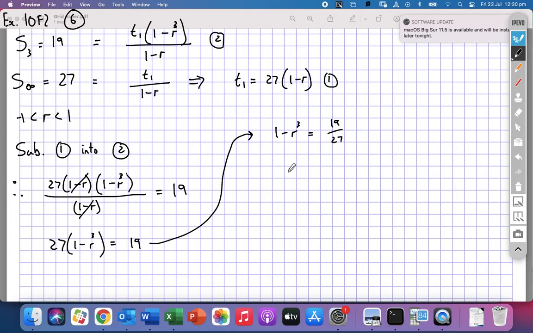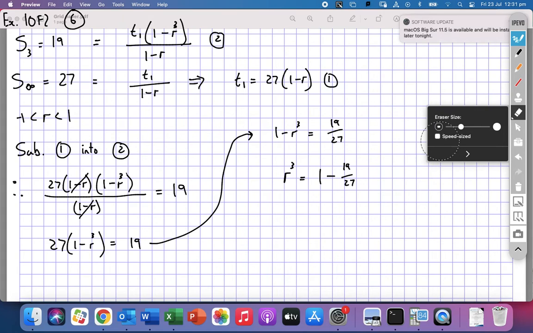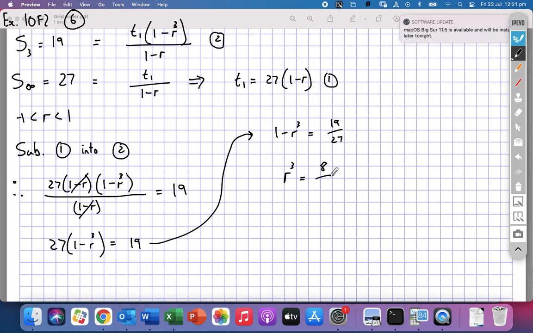Okay. So if we subtract 19 on 27 from both sides and add R cubed to both sides, then we'll be getting 1 minus 19 on 27. 1 minus 19 on 27 would be 8 on 27, which is rather nice because those are both cubed numbers.